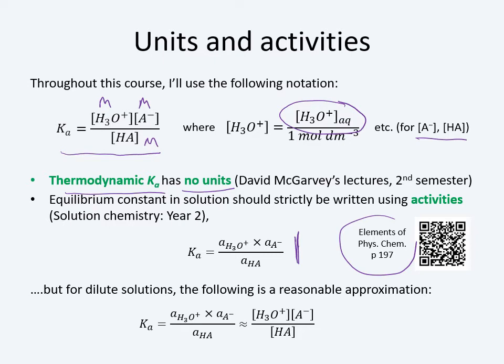So what we're going to do is approximate activities to be equal to concentrations. Effectively we're saying the activity of H3O plus is approximately equal to the concentration of H3O plus, and we're going to do that for all of the species. That's a reasonable approximation under dilute conditions, which is the sort of conditions we're going to be dealing with in this course anyway. So it's fine to make that approximation.